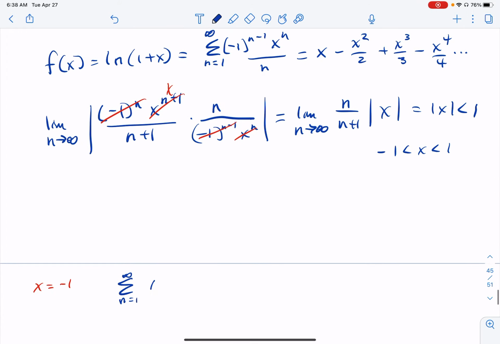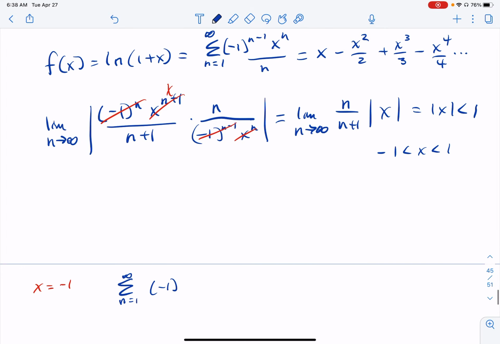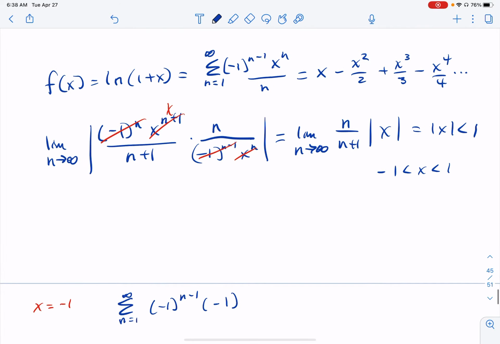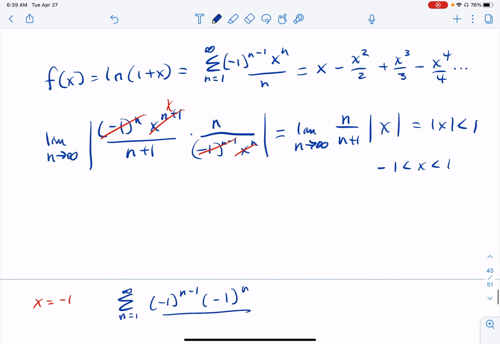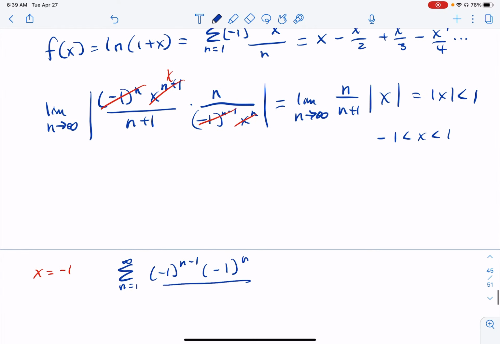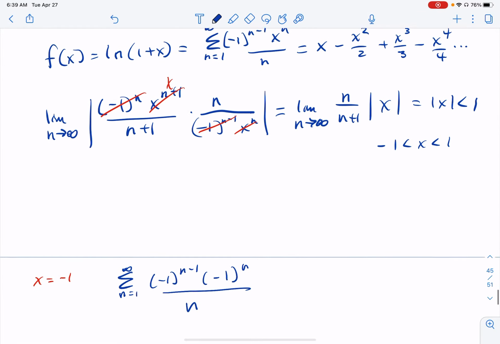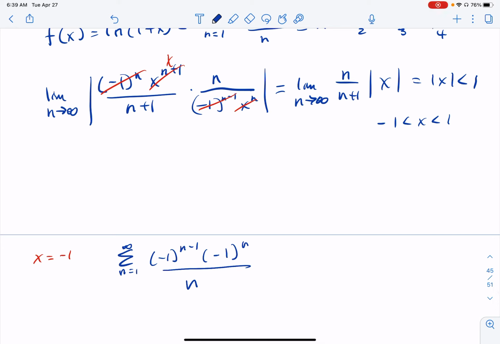I would have negative 1 to the n minus 1 power, also negative 1 to the nth power, and then over n. And then simplify here because we can add our exponents. We have an n plus that n makes that a 2n minus 1.